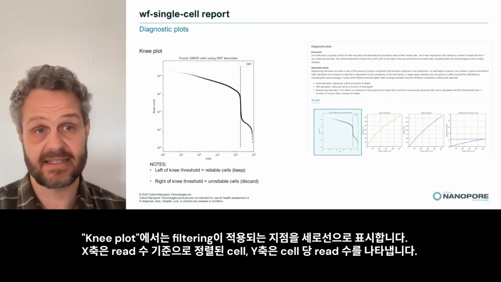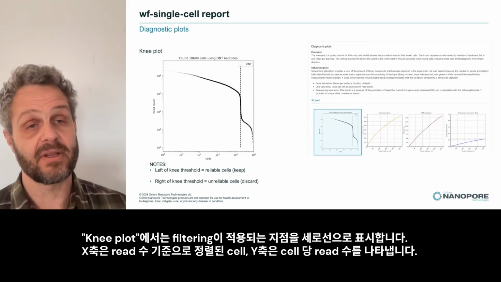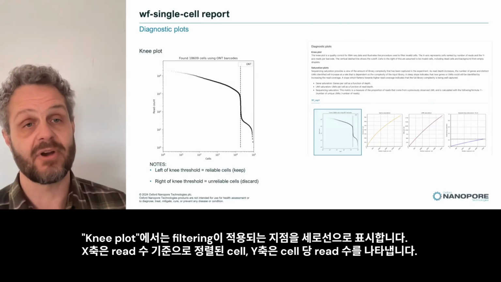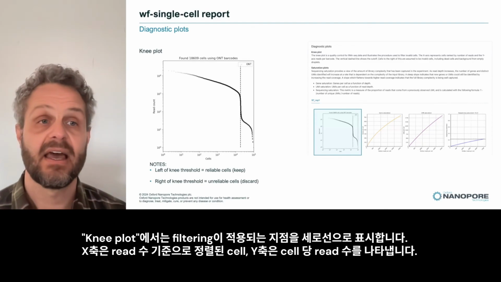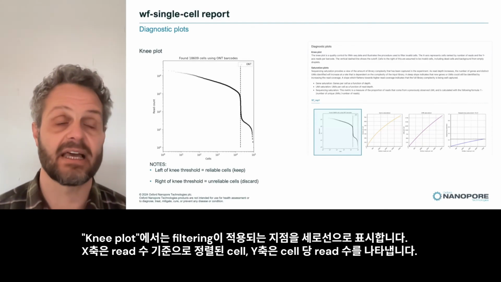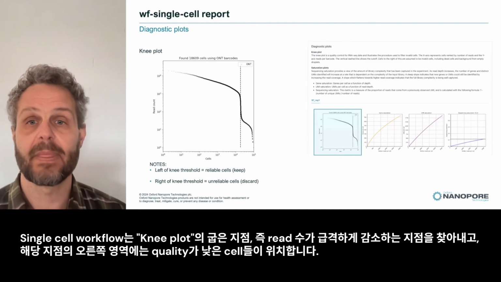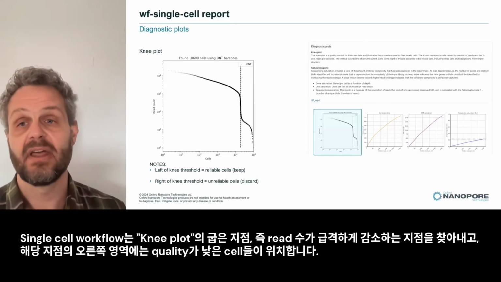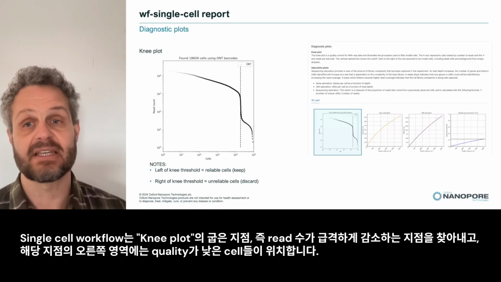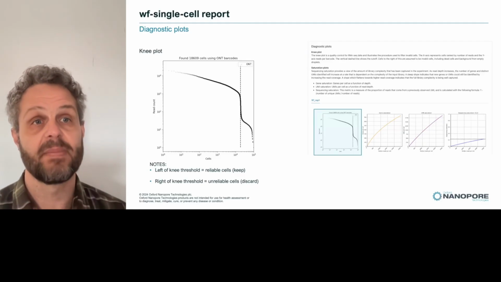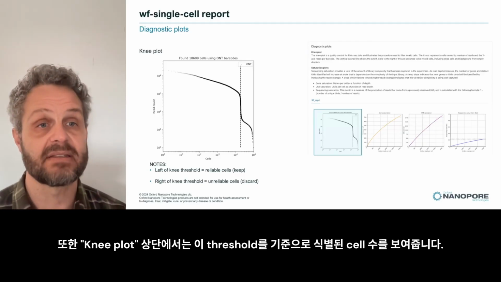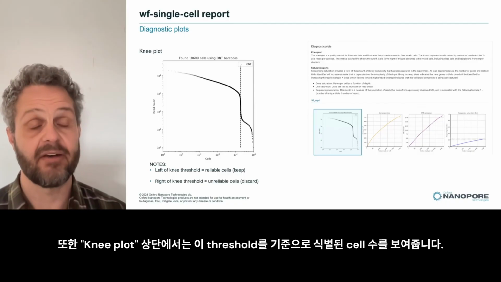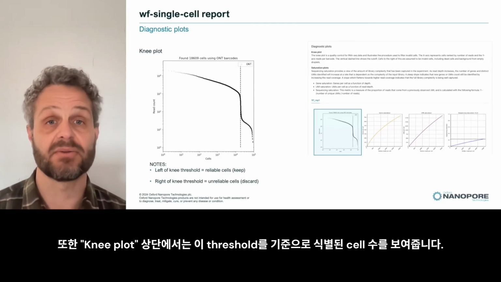On the x-axis, the cells are ranked by the number of reads, and the y-axis is the read count per cell. So the workflow tries to find the inflection point of the knee. This is the point where read counts suddenly drop off, and it's usual to find low quality cells to the right of this point. And at the top of the plot, we can see how many cells have been identified with this threshold.